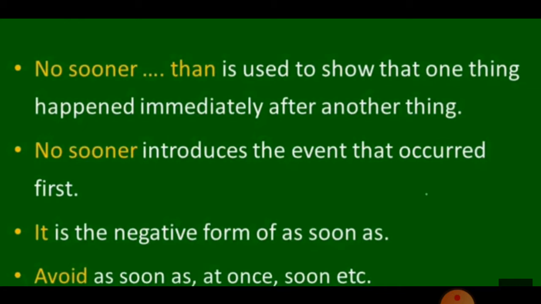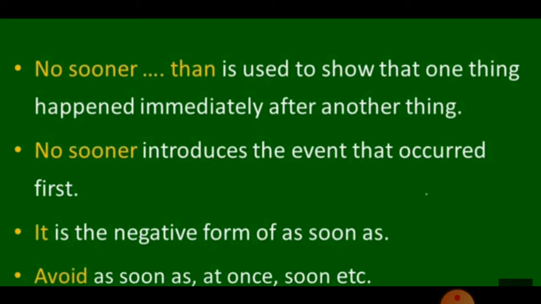Few more explanations. No sooner than is used to show that one thing happened immediately after another thing. It means an incident occurred, and immediately after a few moments or few seconds, another thing appeared. So in that form we have to use no sooner than. No sooner introduces the event that occurred first.